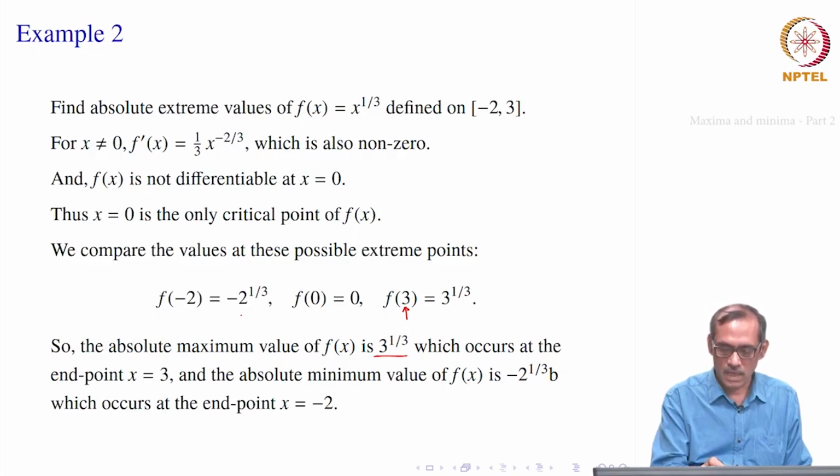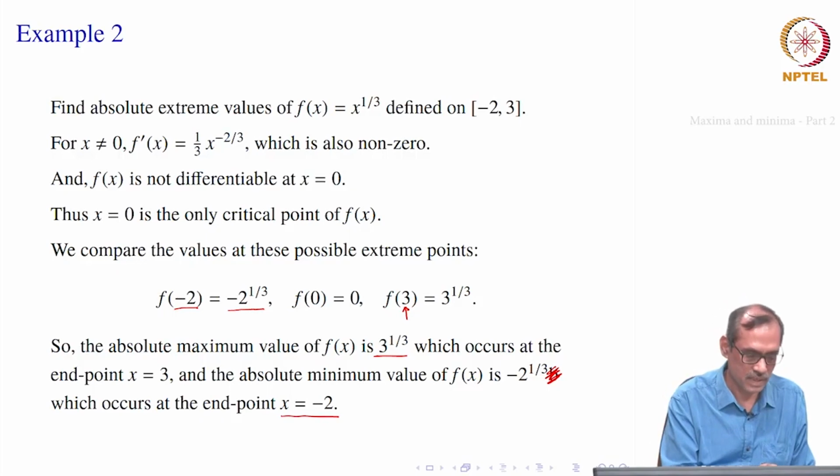And again here f of 0 is not the minimum because there is a negative value. So, minus 2 is the point of absolute minimum, and the absolute minimum value is minus 2 to the power 1 by 3. There is no tie here. So, the absolute minimum value is minus 2 to the power 1 by 3, and it occurs at x equal to minus 2.